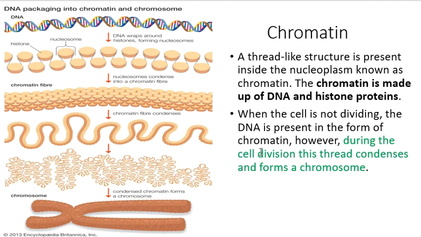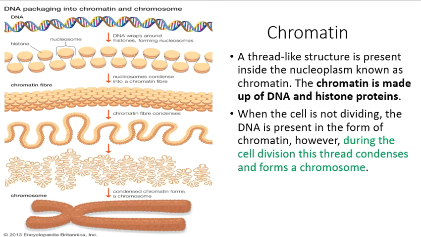When the cell is not dividing, the DNA is present in the form of chromatin. However, during cell division, this thread condenses and forms chromosomes, as we can see in this picture. The DNA is a double helical structure and winds around histone molecules to compact itself in various degrees to finally form a chromosome.